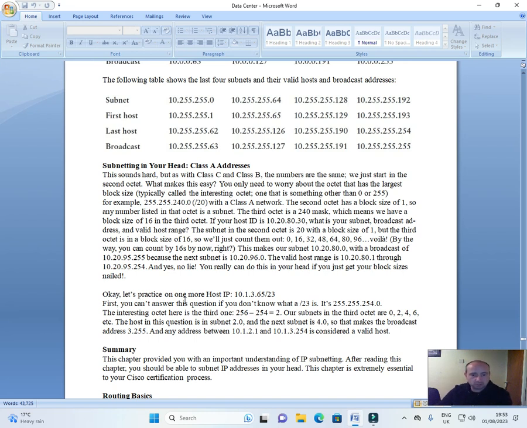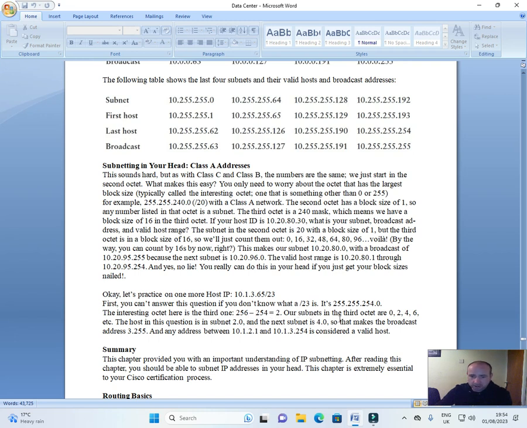Okay, let's practice one more. Host IP 10.1.3.65/23. First, you can't answer the question if you don't know what a /23 is. It's 255.255.254.0. The interesting octet here is the third one: 256 minus 254 equals 2.